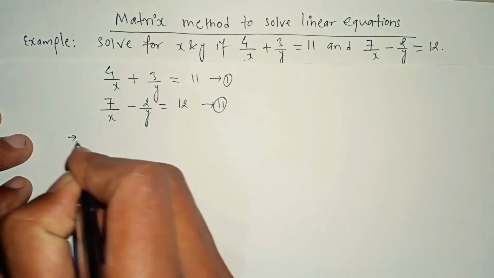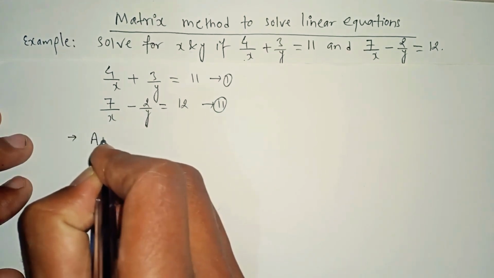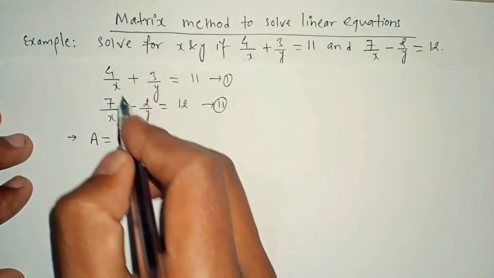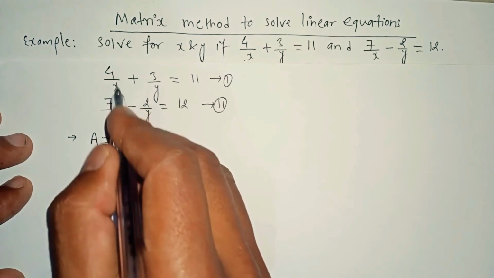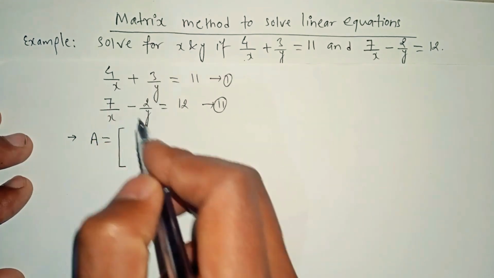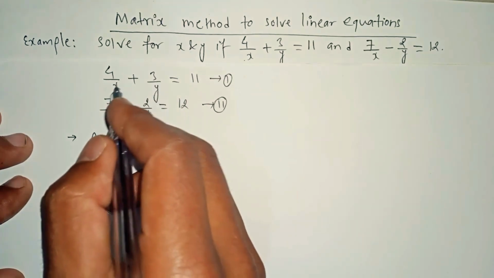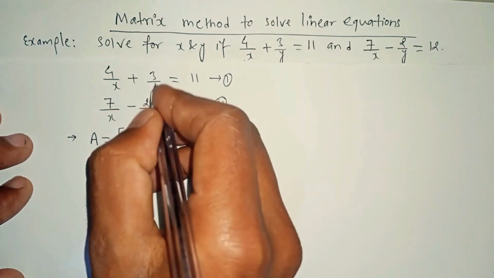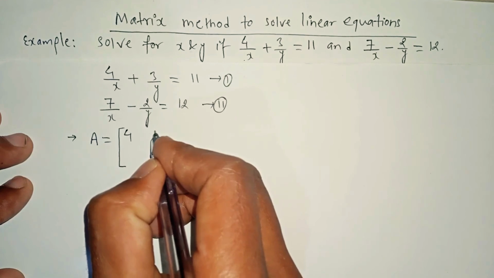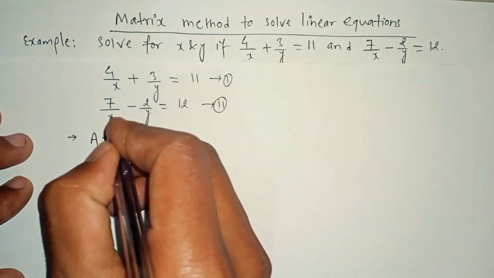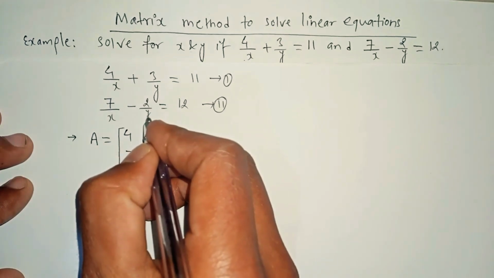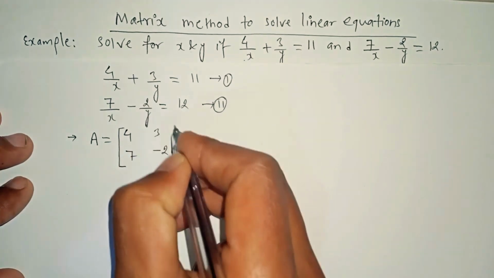Let's suppose the coefficient matrix is A. Let's assume 1 over x and 1 over y are the variables. The coefficient of 1 over x is 4 and the coefficient of 1 over y is 3. In the next row, the coefficient of 1 over x is 7 and the coefficient of 1 over y is negative 2.